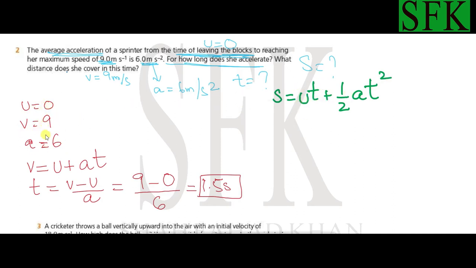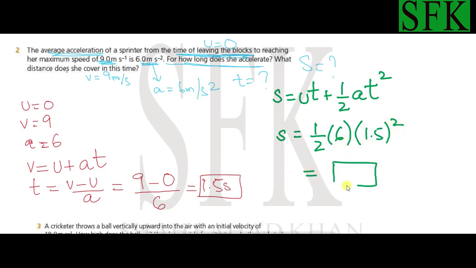We don't need v, we just need the acceleration and the time that we calculated. Half times a, which is 6, times t, which is 1.5, squared, and the answer that we get is written over here.